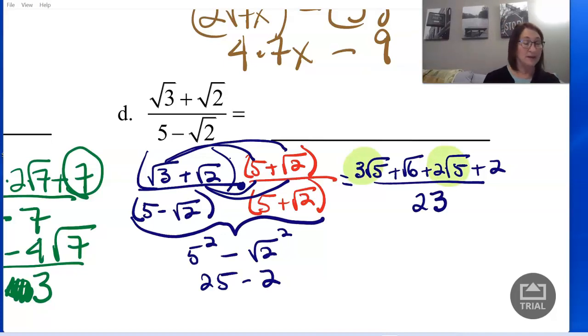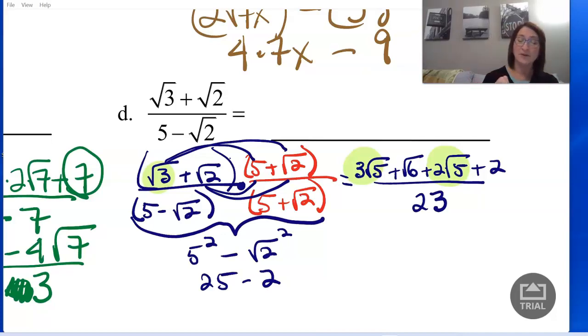All right. Just, I'm looking at my notes. Did I do something wrong here? Let me just double check everything. Square root of 3 times square root of 5. Got it. Square root of 3 times square root of 2. Square root of 6. Square root of 2 times 5. Maybe 2 square roots of 5.